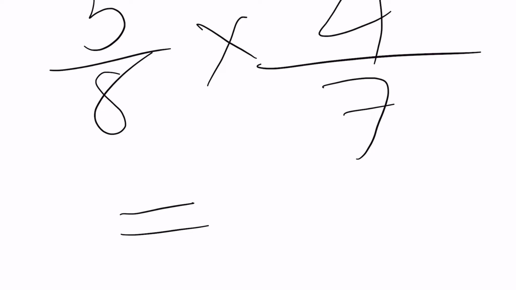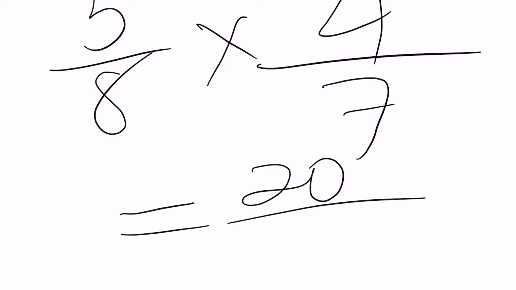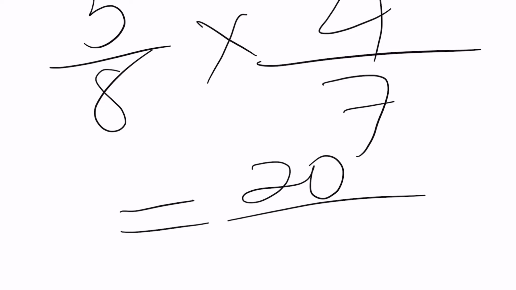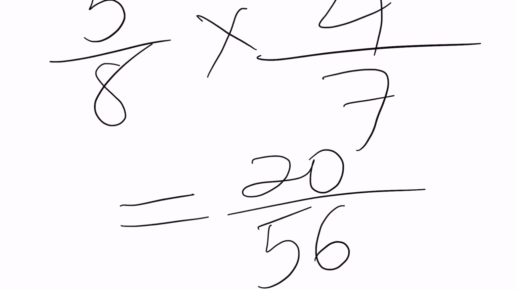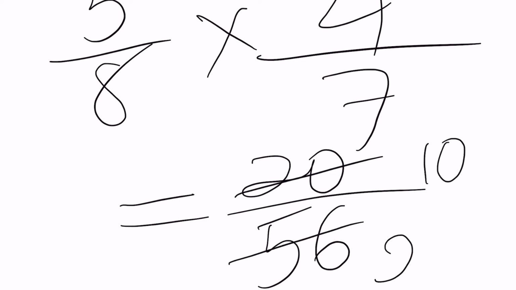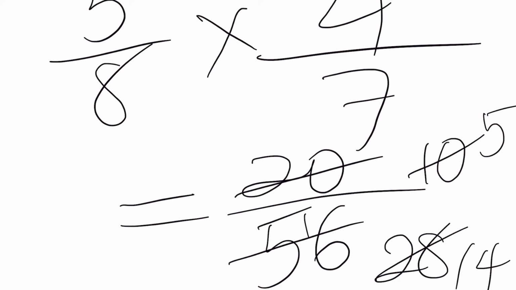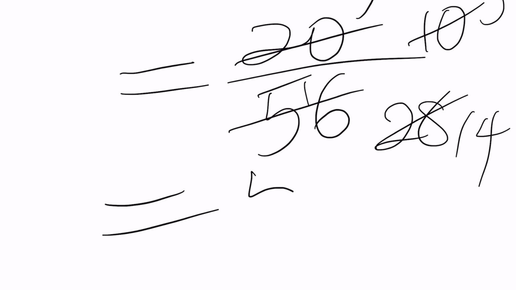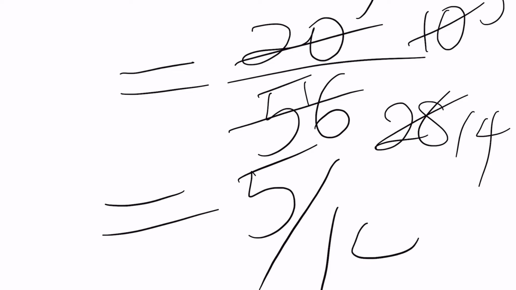So we have 20/56. Dividing through, 2 into 16 is 8, 2 into 10 is 5, and 2 into 4 is 2. So we have it to be 5/14. So the probability that both are names of girls is 5/14.